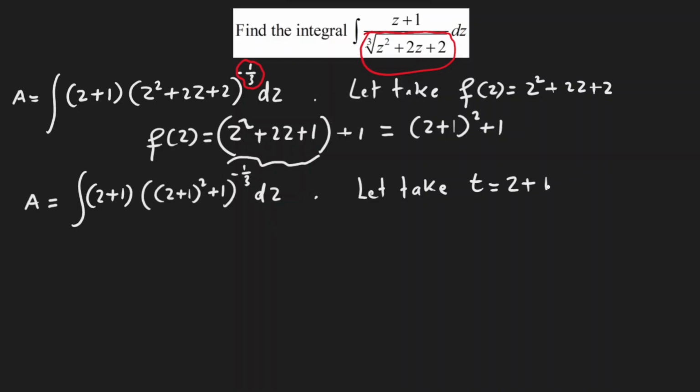So t equal to z plus 1, we will have also dt equal to dz. So A will be equal to the integral of t times t squared plus 1 to the power negative 1/3 dt.